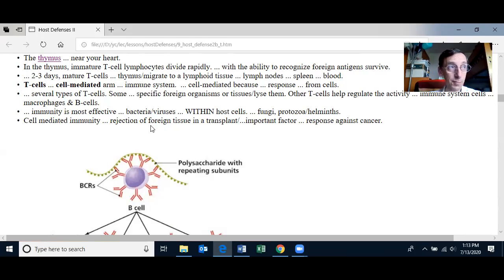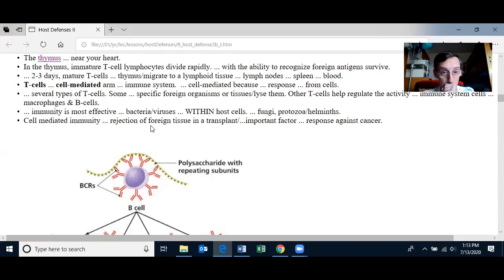And we haven't talked much about that, but you know that viruses infect host cells and they replicate in the host cell. Well, some bacteria can do that too and get inside our host cells and infect them. And the non-cell mediated arm of the immune system isn't good at finding those bacteria that are within our host cells, but the T cells are good at it.